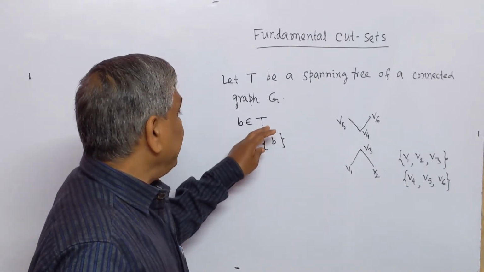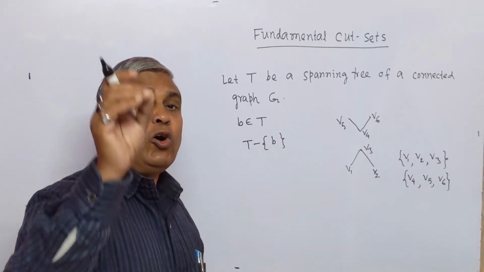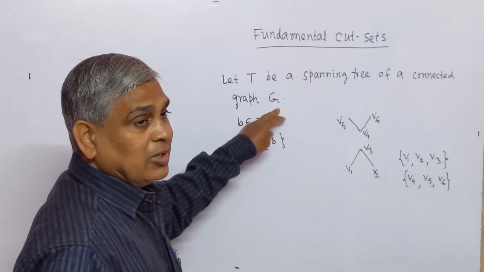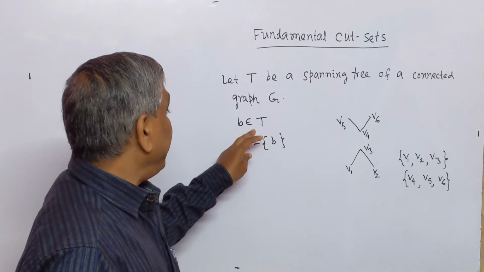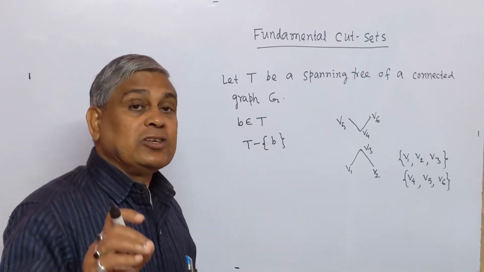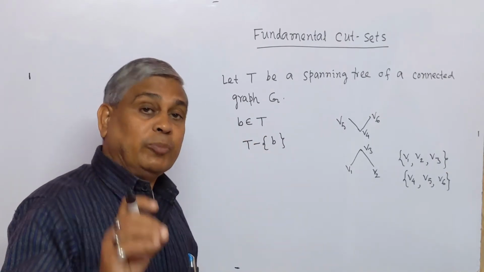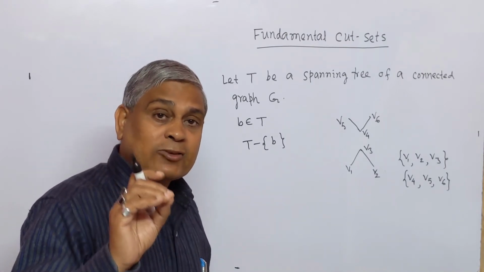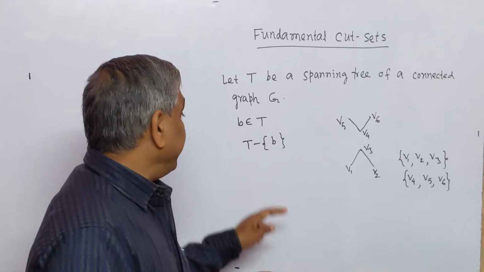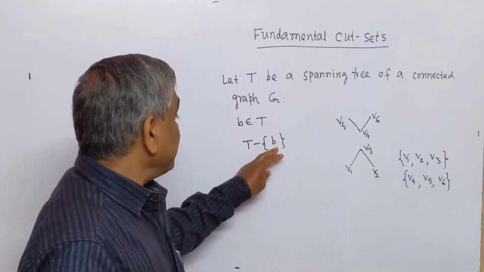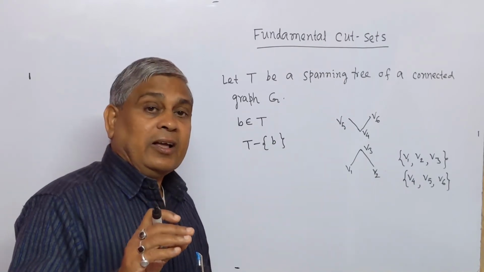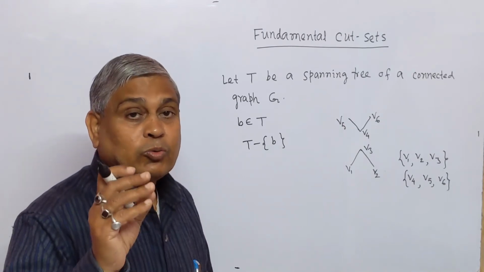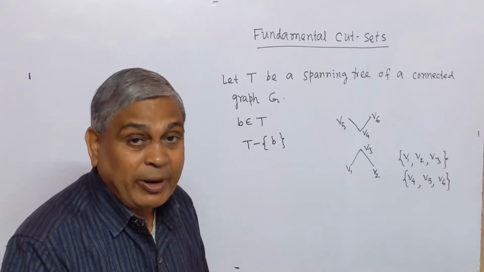Since the spanning tree T contains all the vertices of the graph G, and here we have removed one edge from the spanning tree, so no vertex will be removed. By removing the branch B, the spanning tree will be converted into two sets of disjoint vertices.